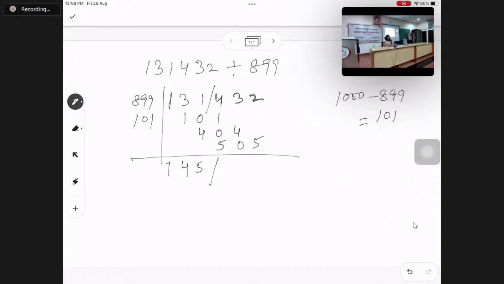So this is 5 plus 1, 10, 4 plus 3, 7, 5 to 7. But how many zeros are there in the base? 3. But here we are getting 4 numbers. So we carry over this and add here. So this is 146 and this is 077. This is quotient, this is remainder.